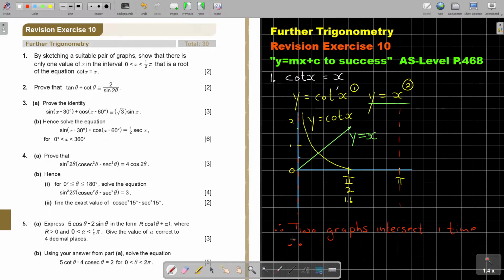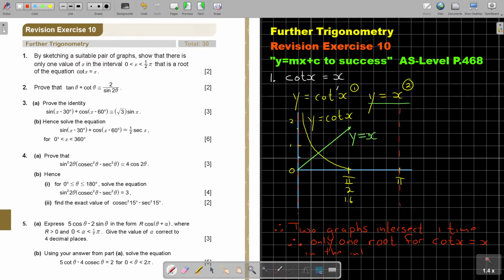Therefore, you can say only one root for cot x is equal to x in the interval.